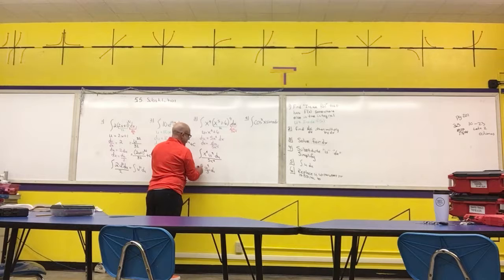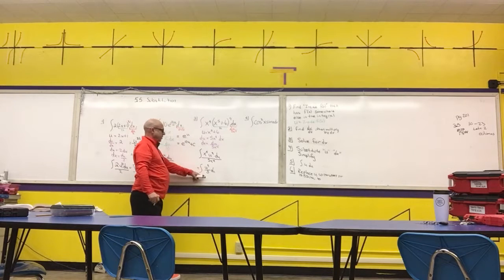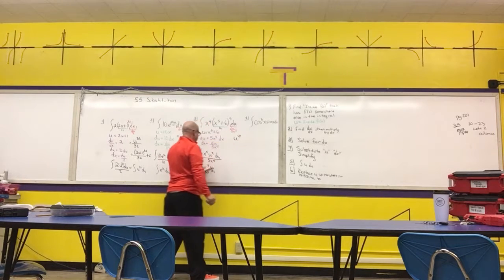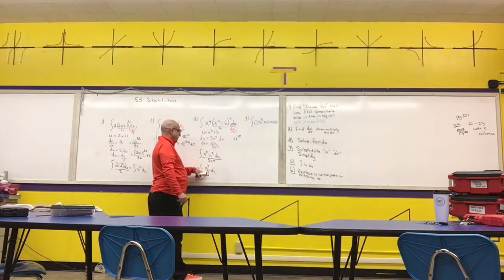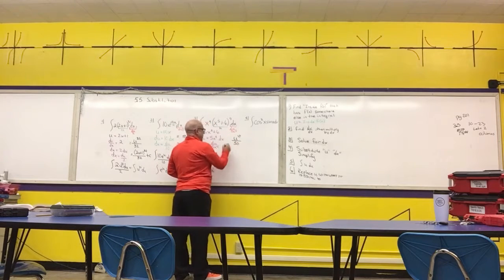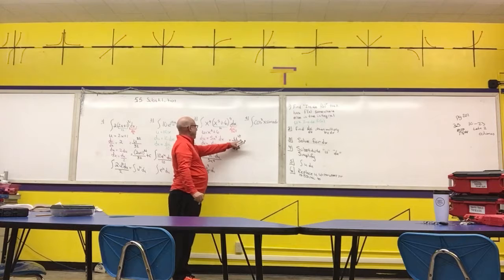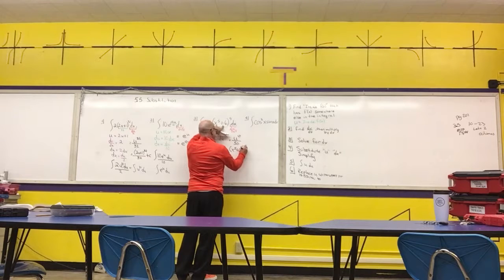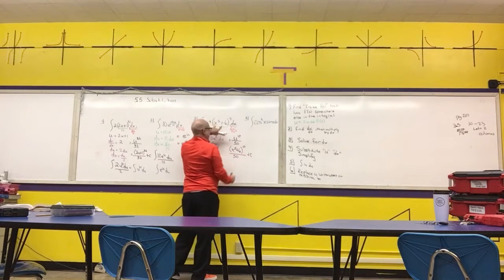I am now going to take the antiderivative. I'm going to add 1 to the exponent, divide by the new exponent, which is 10. 10 times 5 is 50. I am now going to substitute back in for u. And add my constant.